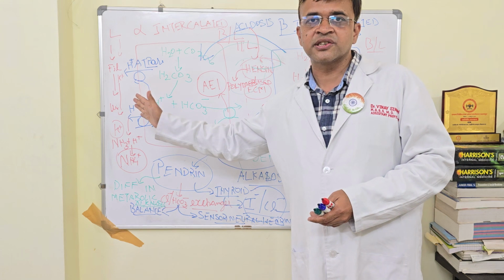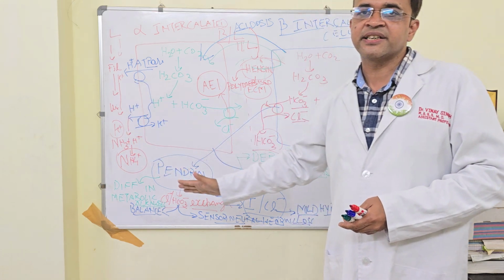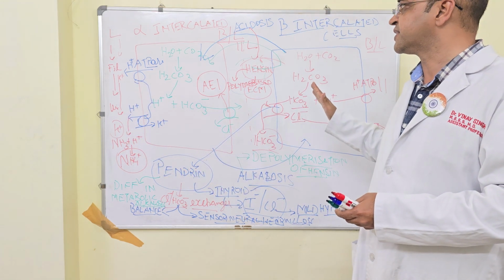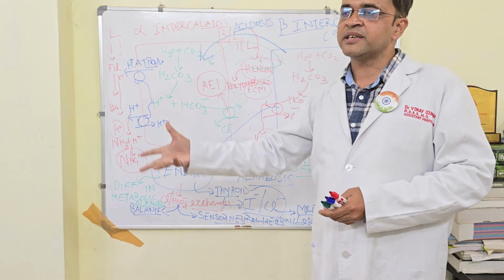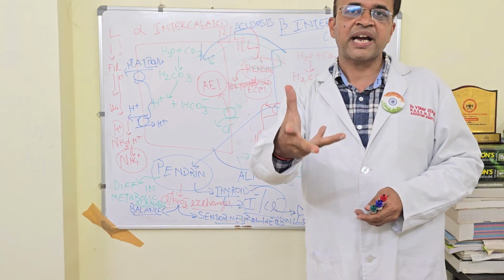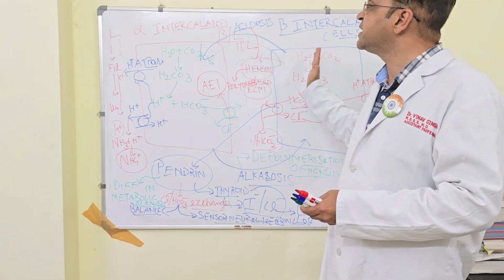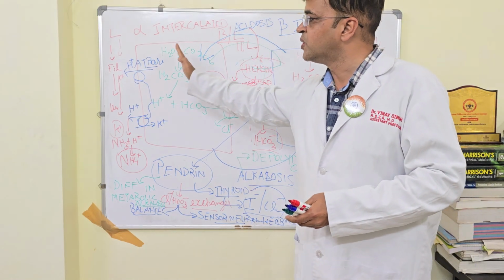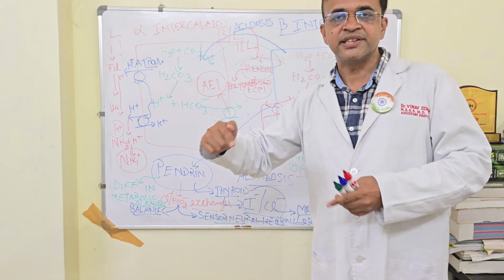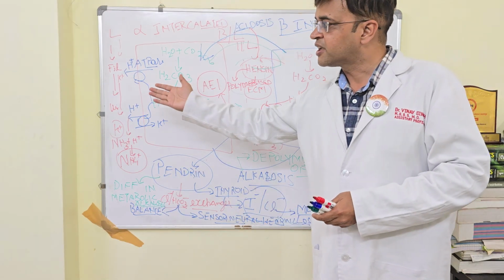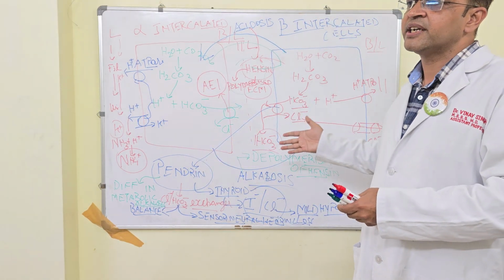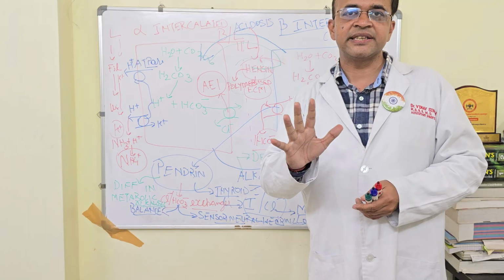In case of alkalosis, your alpha intercalated cells get converted into beta intercalated cells. This is regulated by the polymerization of Hensin, which converts beta intercalated cells into alpha intercalated cells, and its depolymerization converts alpha intercalated cells into beta intercalated cells.